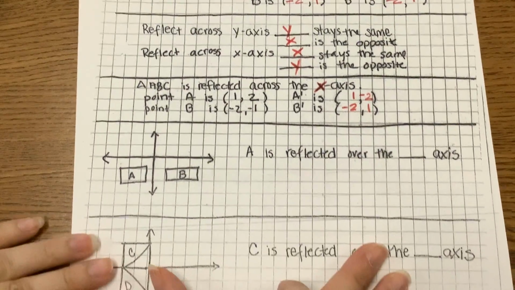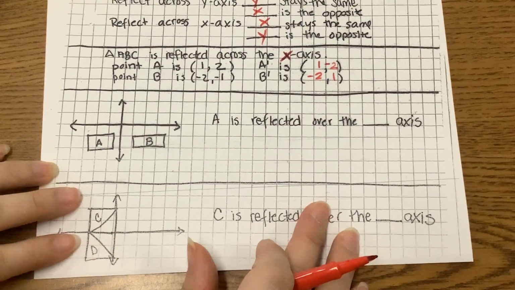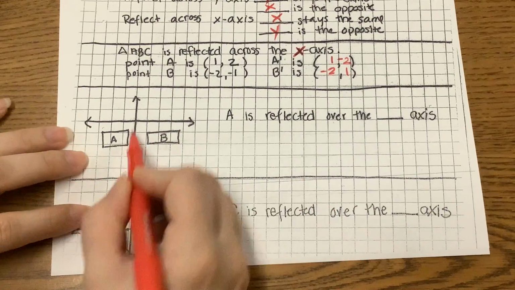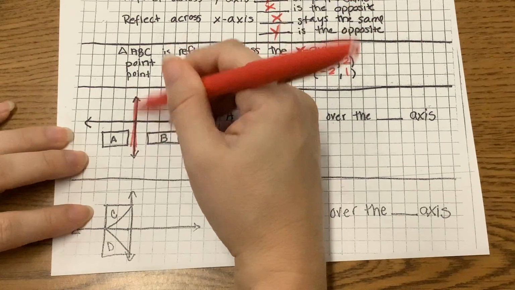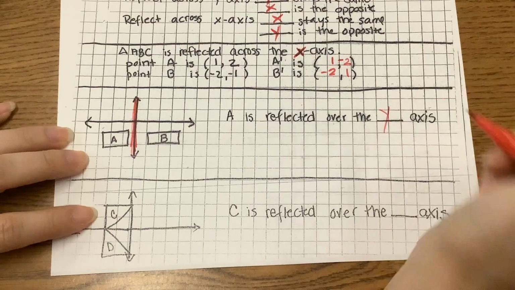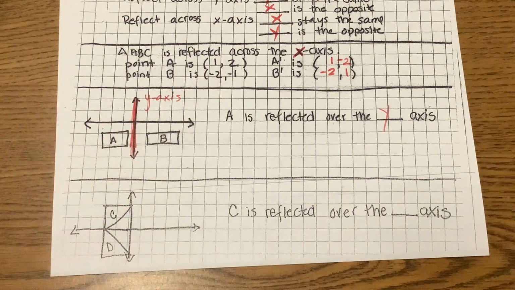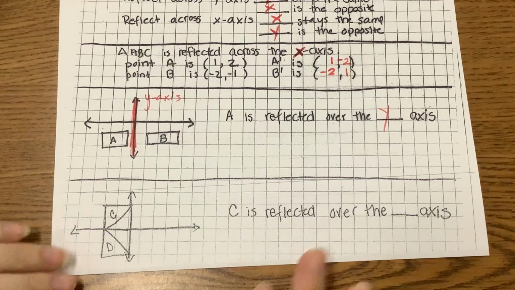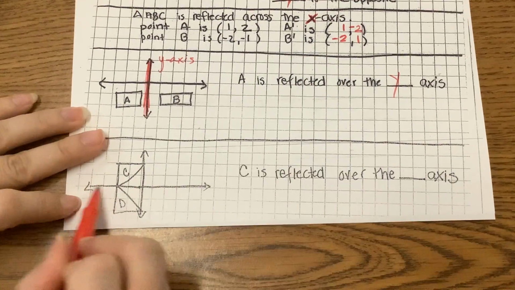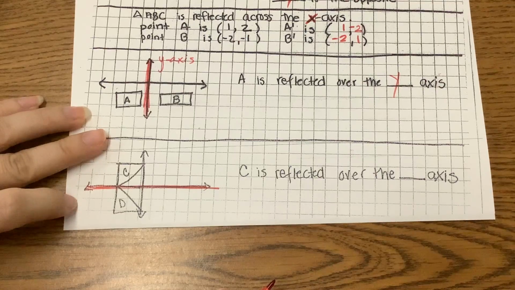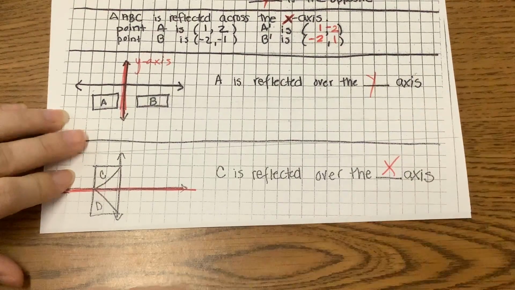All right, looking at our next example, this one says A is reflected over which axis? It's reflecting over this, which is the what axis? Y. You might want to label it the y-axis. And CD is reflected across which axis? X-axis.